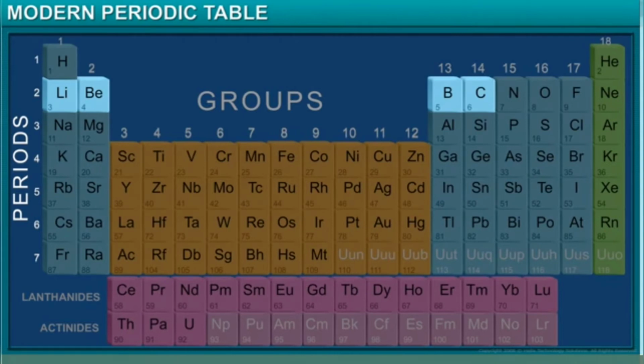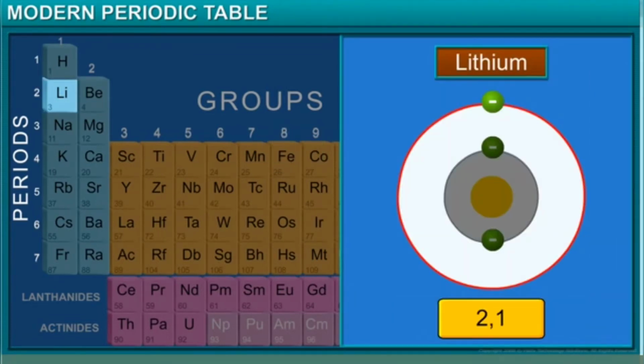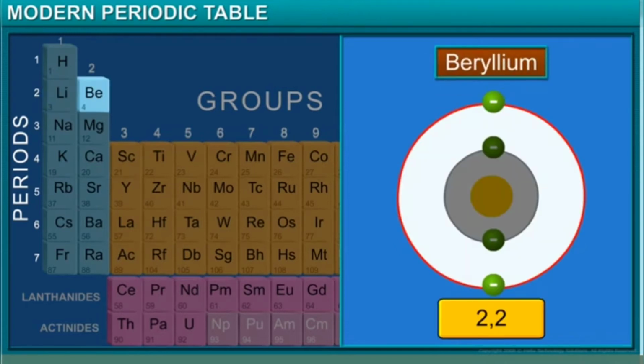When we look at the long form of the periodic table, we find that the elements lithium, beryllium, boron, carbon, nitrogen, oxygen, fluorine, and neon are present in the second period. The electronic configuration of lithium is 2, 1. Beryllium is 2, 2.